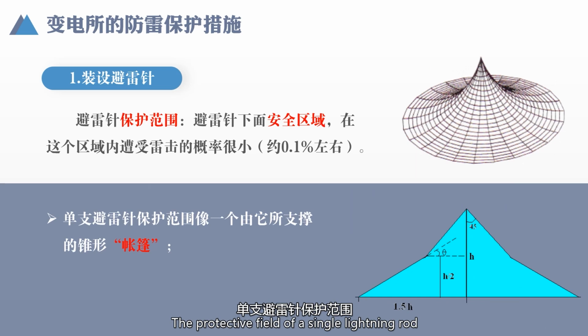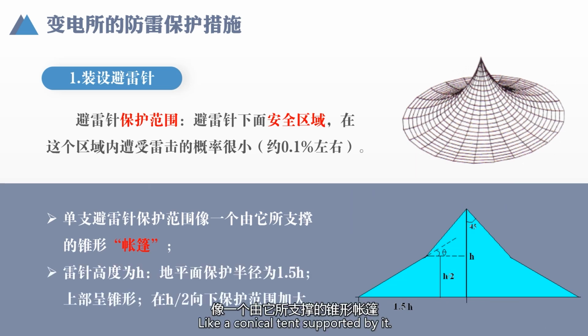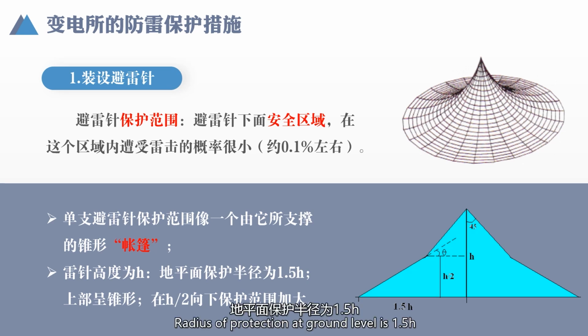The protective field of a single lightning rod is like a conical tent supported by it. If the height of the lightning rod is h, the radius of protection at ground level is 1.5h. The upper part is conical.